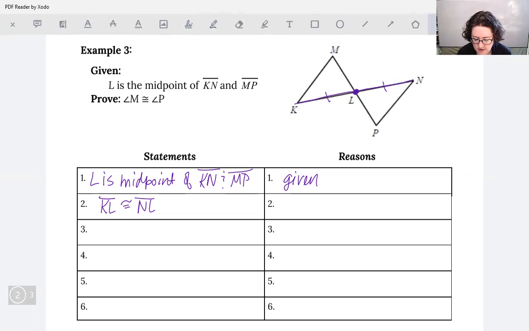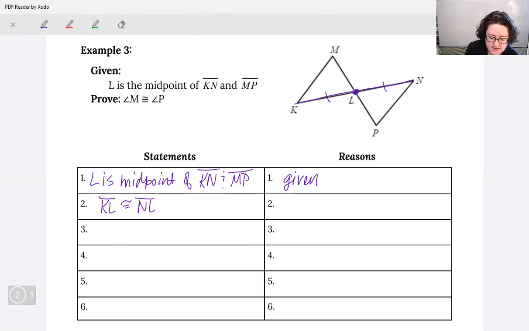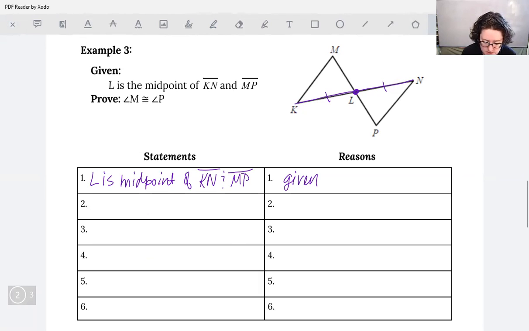Okay, and actually, I want to change the color on that because that's new information that we figured out. So let me go ahead and rewrite that. So KL is congruent to NL, again, marked on the diagram. And we figured that out just using the information about midpoint. So definition of midpoint.